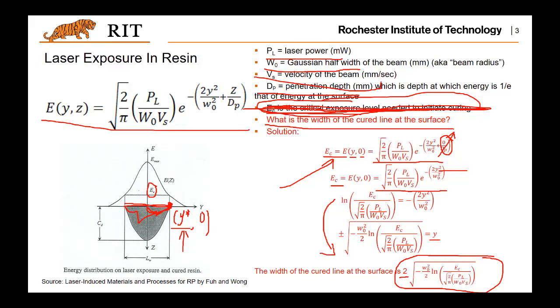So we have no idea about the EC, but instead we have the width of the cured line at the surface. Then how do you come up with EC? Any idea here? Any suggestions?